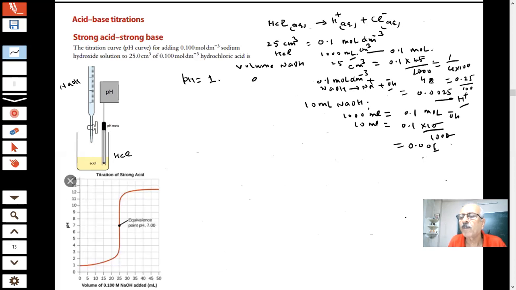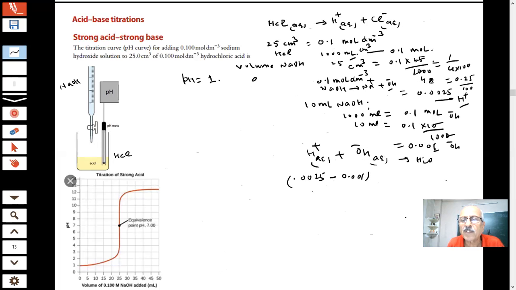So 0.001 mole of OH minus. What is the reaction? H plus plus OH minus gives water. In 25 centimeter cube there was 0.0025 moles, and you have added 0.001, so the H plus decreases by this amount.